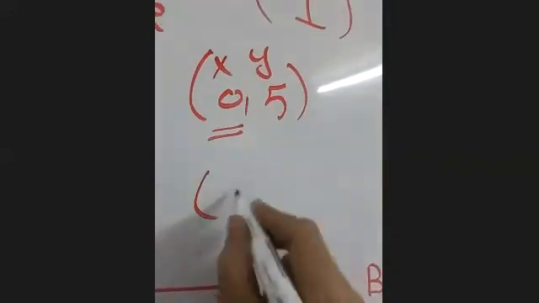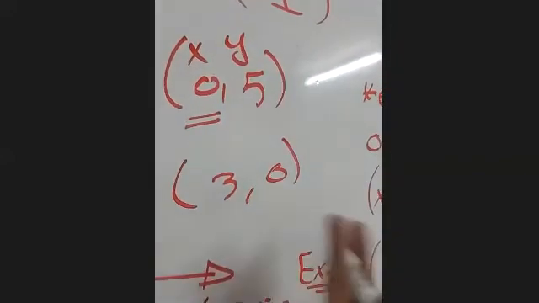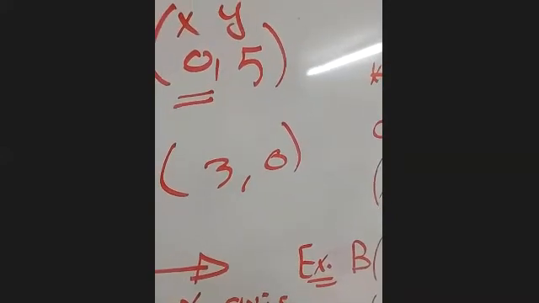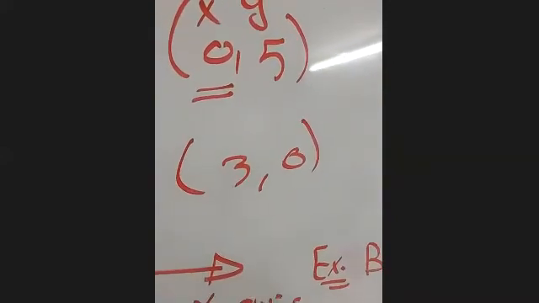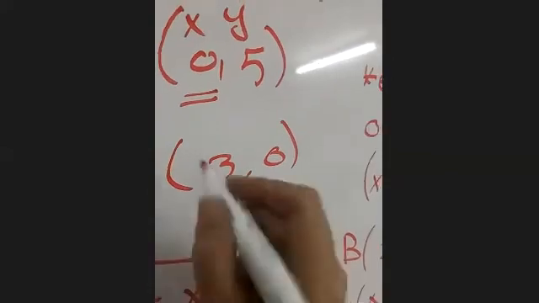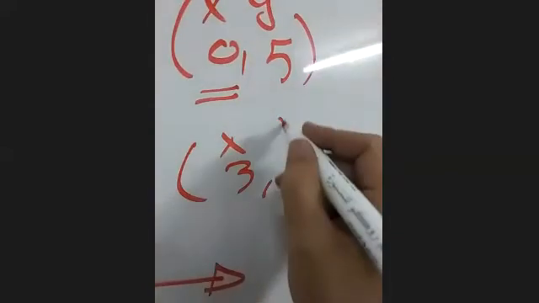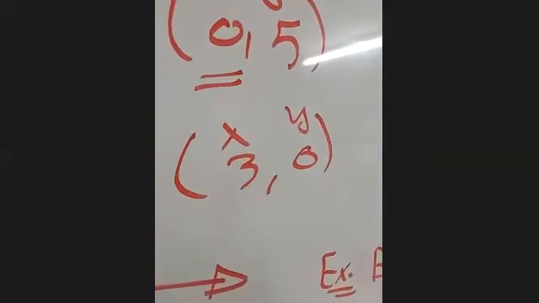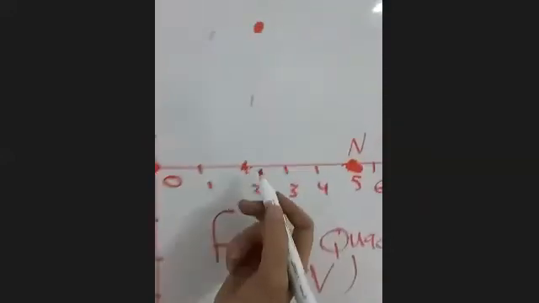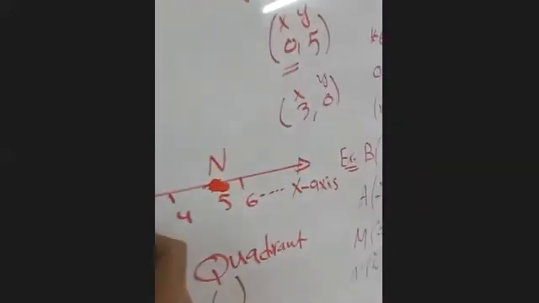What's this? Look here. (3, 0). What's x? 3. What's y? 0. So first, where will I go? To the 3. Where is the 3 in the x? Here, 3 in the x, right? y is what? 0.